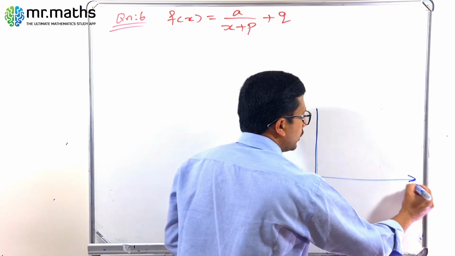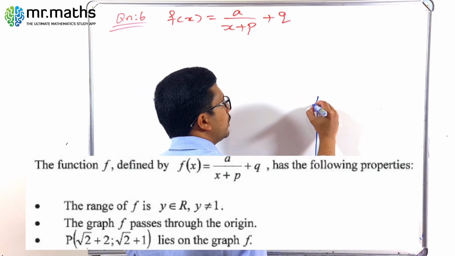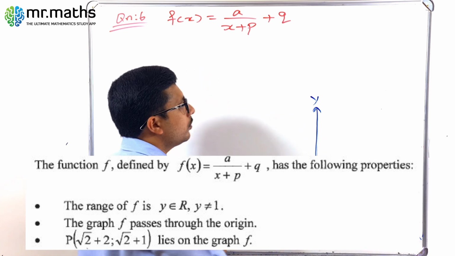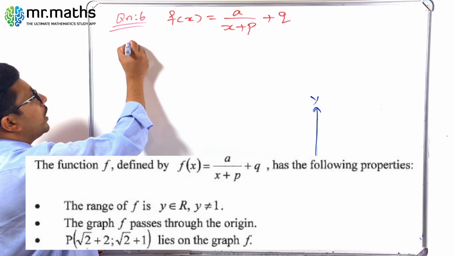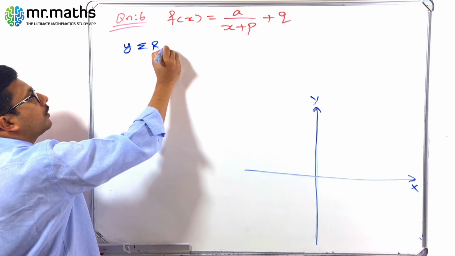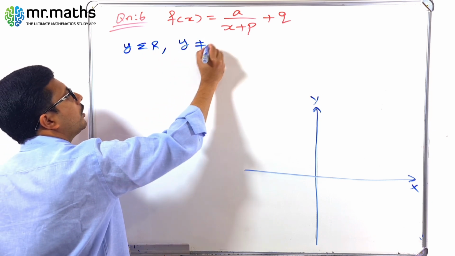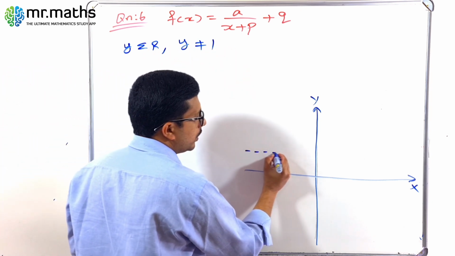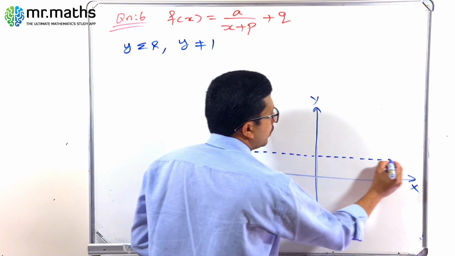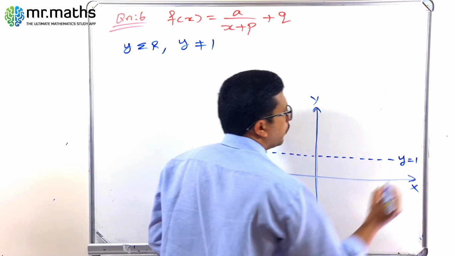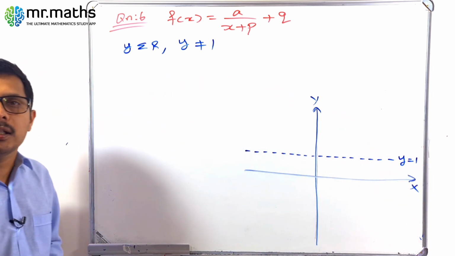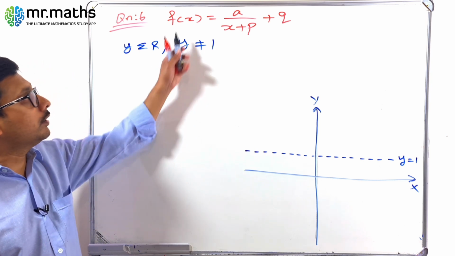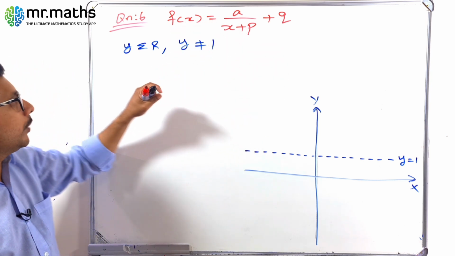This is the x axis and this one is the y axis, and the range is y is an element of R where y not equal to 1. It means that y is equal to positive 1 is the asymptote of this function. That is the meaning of this.